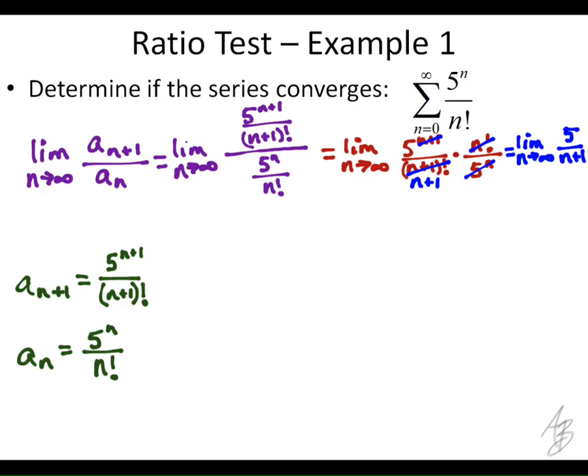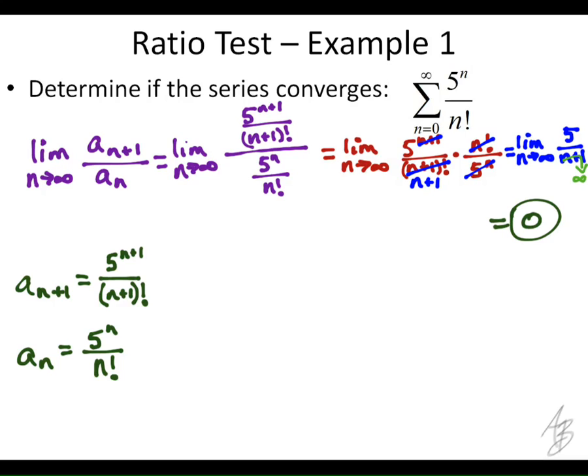Well, what is that going to be? Yeah, the n plus 1 is going to approach infinity, so we get 5 over infinity, which is 0. So this limit here is going to be 0. What does that tell me, using the ratio test, about this series right here? It converges.